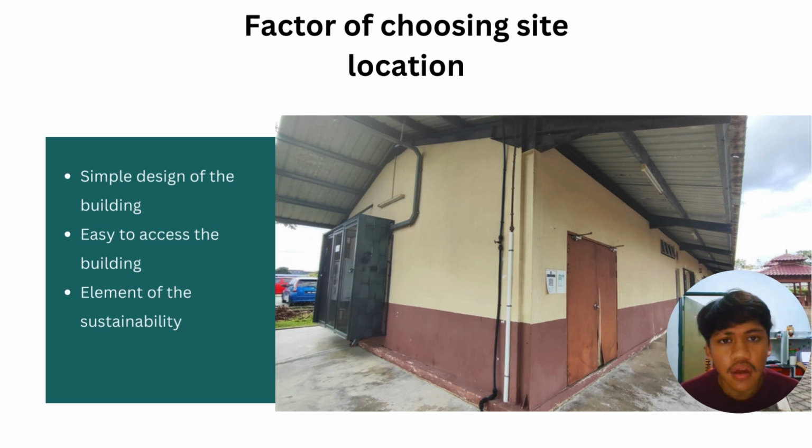So it is easy for us to discover more about the mechanical systems in this building. And lastly, the sustainability attraction: this building has a solar panel, so it attracted our attention to continue investigating this building, which is E14.